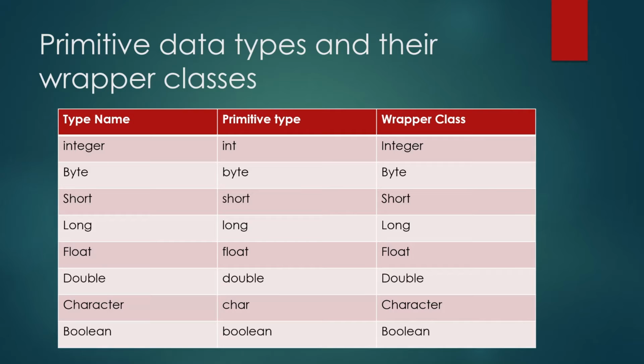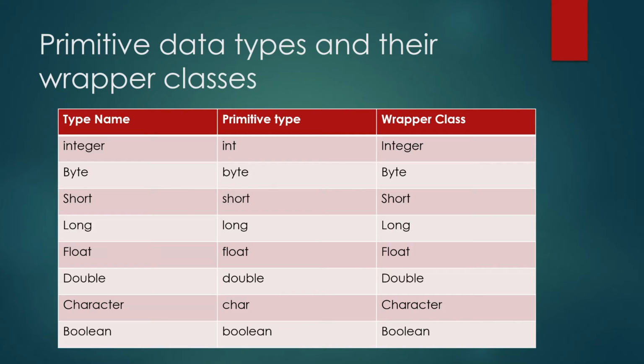So here we have the type name, what they look like in Java, and the wrapper class. A wrapper class is a class that encapsulates the types, so that those types can be used to create object instances and methods in another class that need those types.